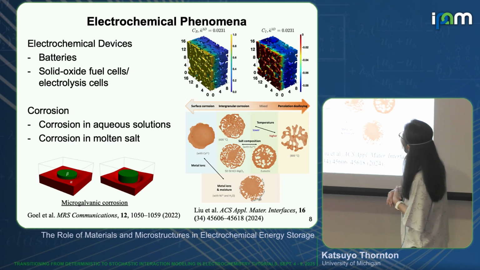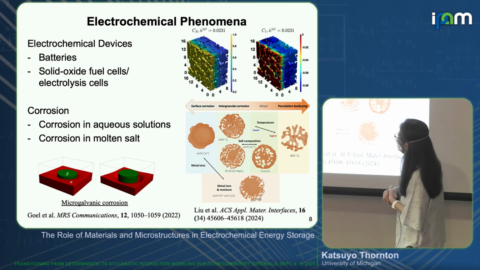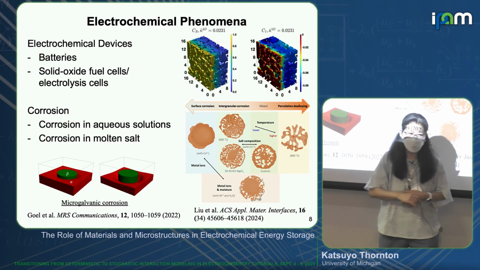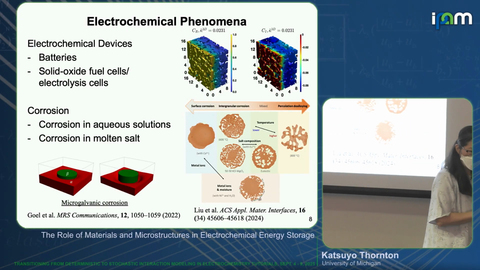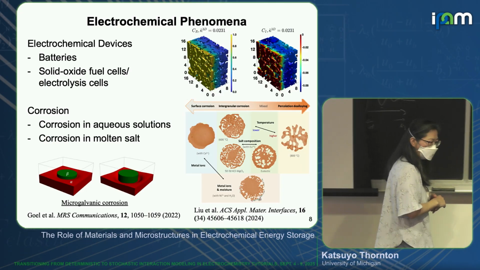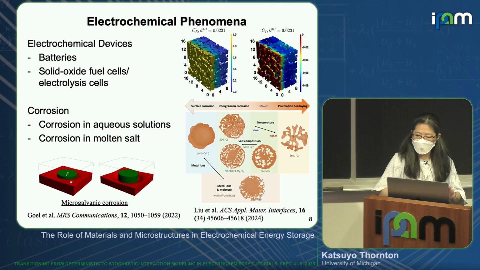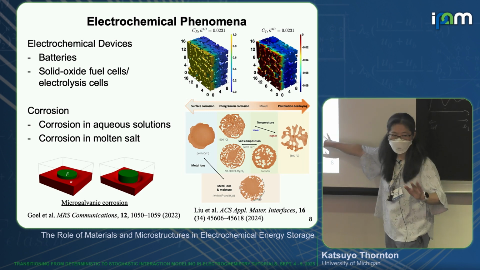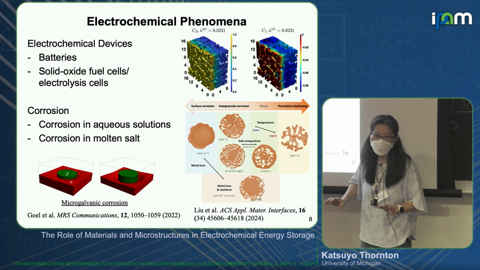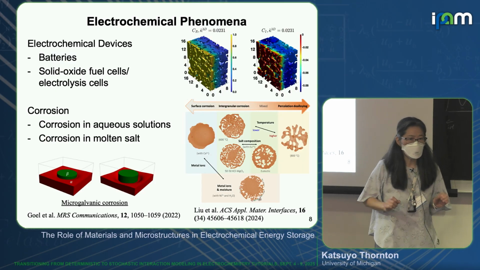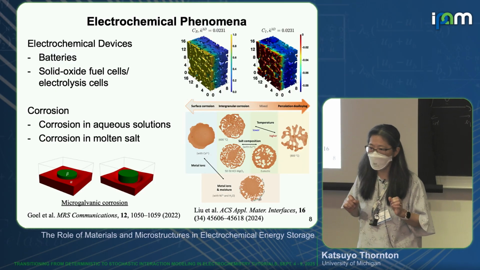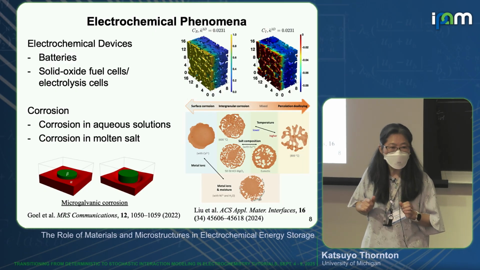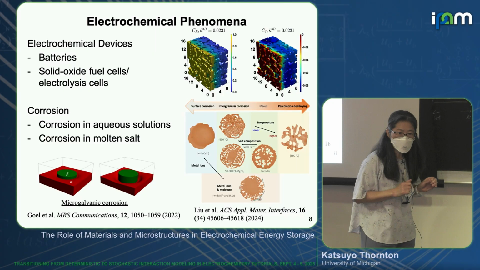More recently, we are studying corrosion in molten salt, which I think is quite different from aqueous solution corrosion. It would be great to talk about this and collaborate with people here, because there are a lot of interesting ab initio molecular dynamics results coming out of my collaborator's group, looking at the coordination numbers.